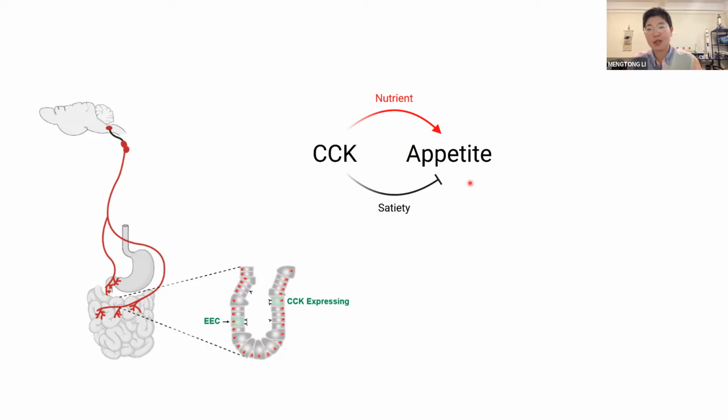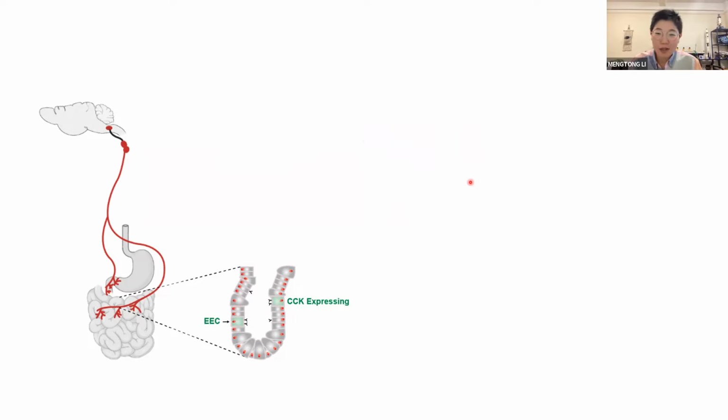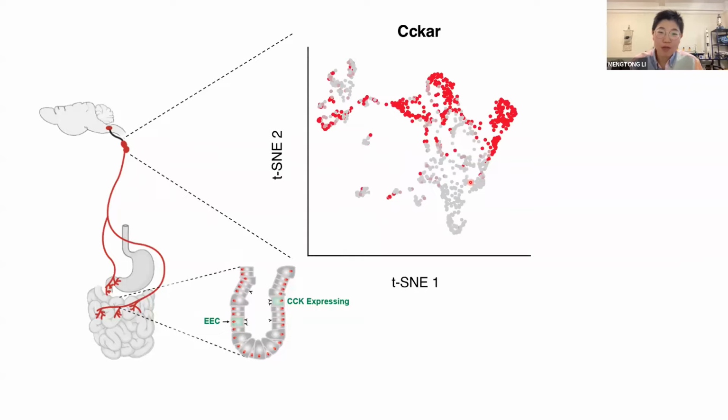We reasoned that this could be easily resolved if a genetically distinct subset of CCK receptor-expressing vagal neurons mediates nutrient preference. Therefore, we used the single-cell RNA sequencing atlas from the nodose ganglia to further characterize the subset of CCK receptor-expressing neurons.